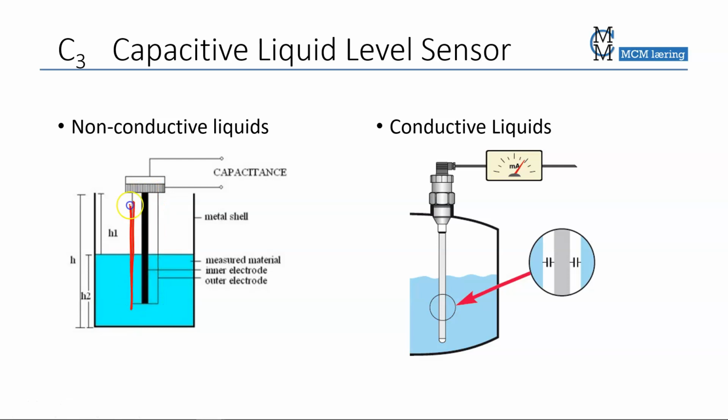But let's go back to this basic idea, that this is the capacitor, and the liquid inside will actually push a dielectric between the two areas. So what you manipulate here is that C equals epsilon naught epsilon R times A over D.